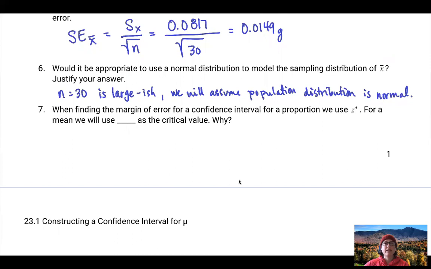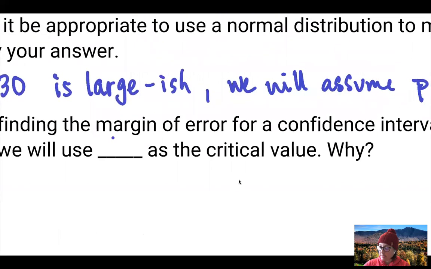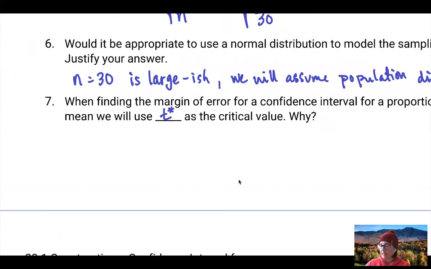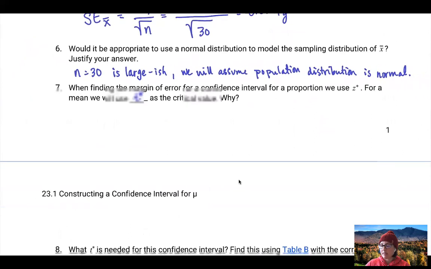So instead of using the normal curve like we've been doing, we're now going to switch, and we're using something called the t-distribution, which, as you learned through the Guinness video, was developed by a beer brewer. Kind of crazy. So this, we're going to use, instead of Z star, T star. And unlike Z star, the T star is going to change.